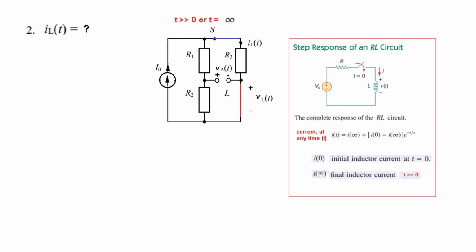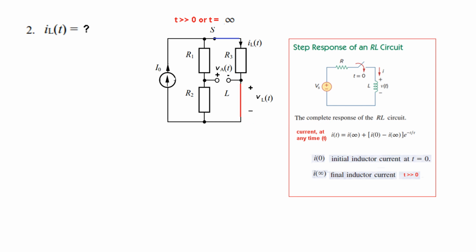Now we come to the second question, where he has asked iL(t), that means i(t), the current at any time t. So we need to calculate I0, which we have already found to be 0, and now we need to calculate I infinity. For that, the circuit is now closed and time is greater than 0, so the inductor will behave like a short circuit.